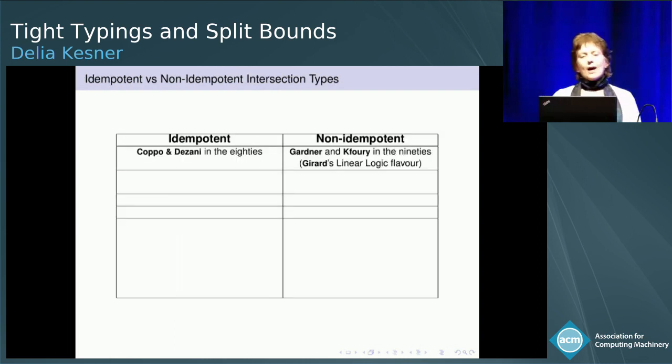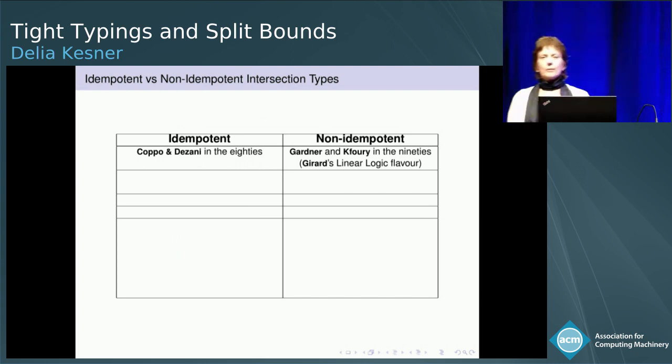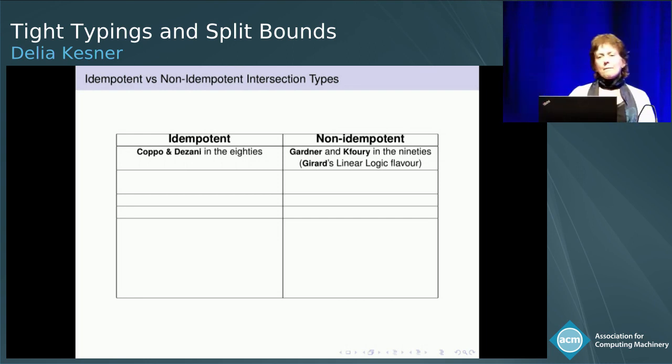On one hand, you have the classical intersection type theory pioneered by Coppo and Dezani, the Torino school. And on the other side, you have linear logic, which has a resource-aware flavor in which the intersection, which can be seen as the tensor, is taken as non-idempotent.